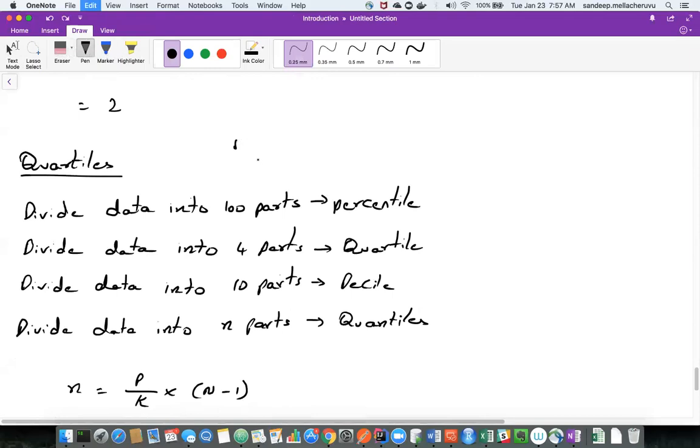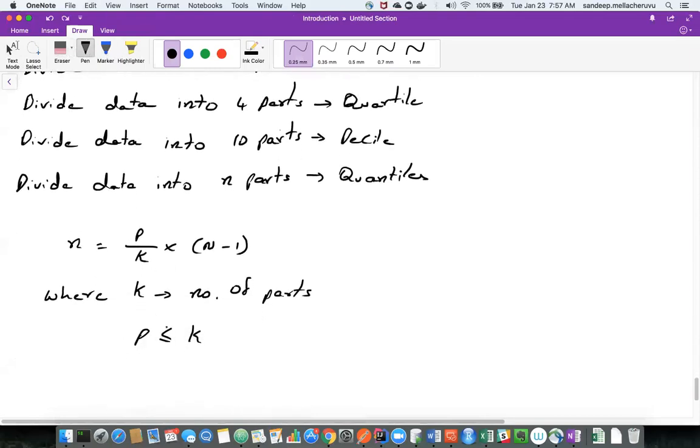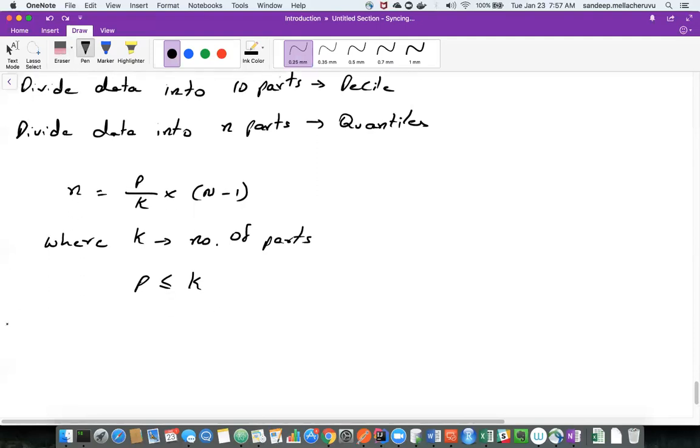So you should always remember that p is always less than or equal to k. Do not get confused if p is given greater than k. That is a wrong question itself, if someone asks like that. So in the example, whatever I gave you, can we calculate the first quartile?